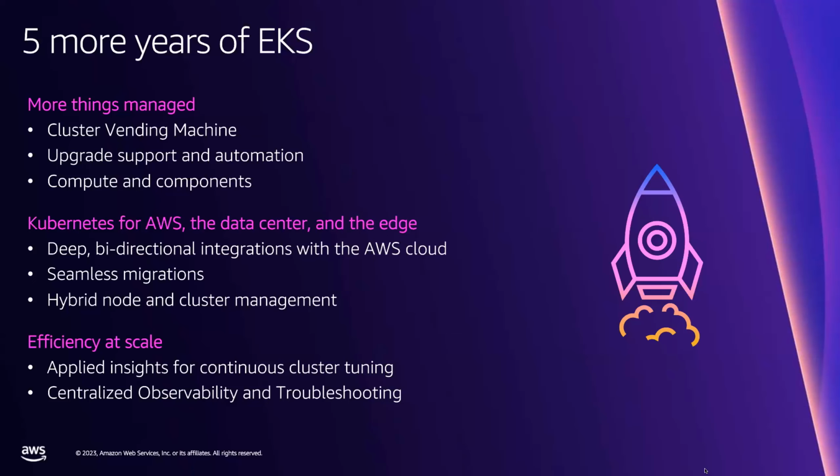And also hybrid node and cluster management is going to manage both, right? In the same way, managing both on-prem and also the nodes in the cloud. Make it more efficient. We will provide more features to do performance tuning to optimize for large language models and for massive clusters at scale.